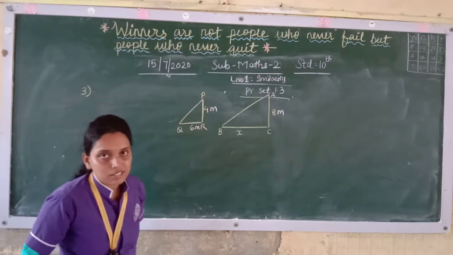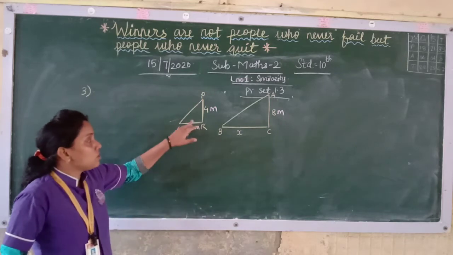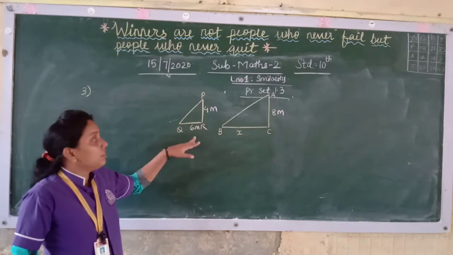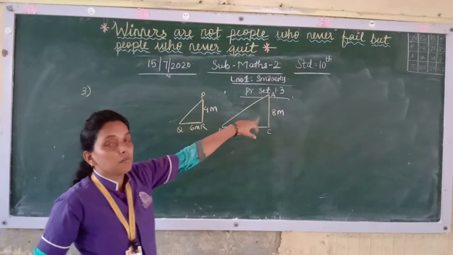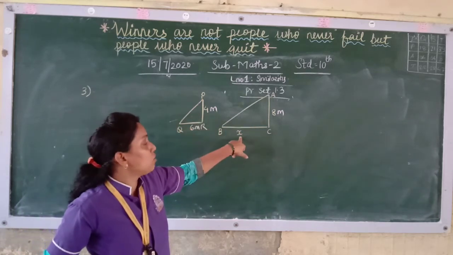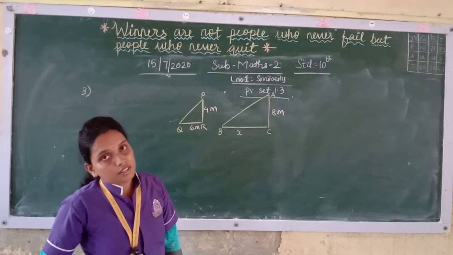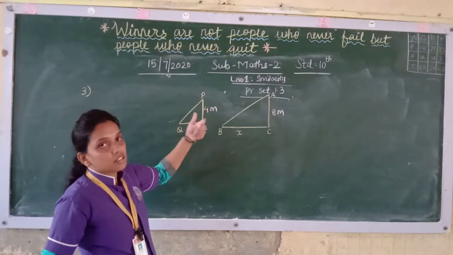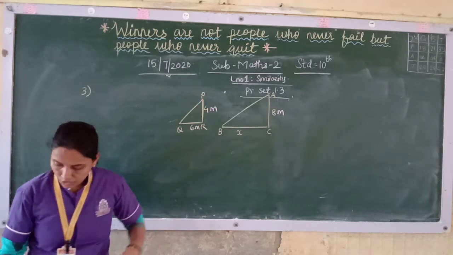So at the same time, these two triangles will be similar. If the two triangles are similar, then the sides will be in proportion, and in proportion you can find the value of X. So as the shadow is cast at the same time, these two triangles will be similar.